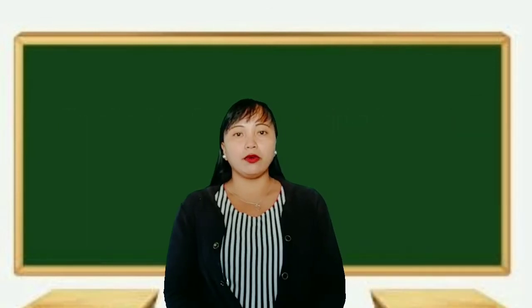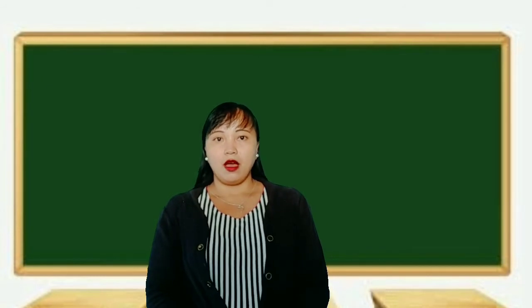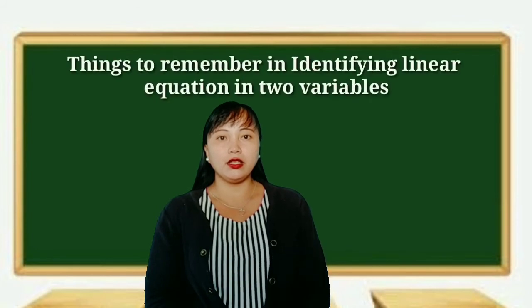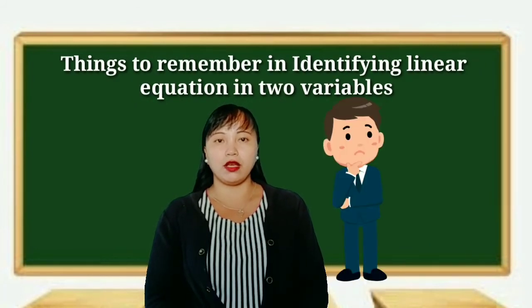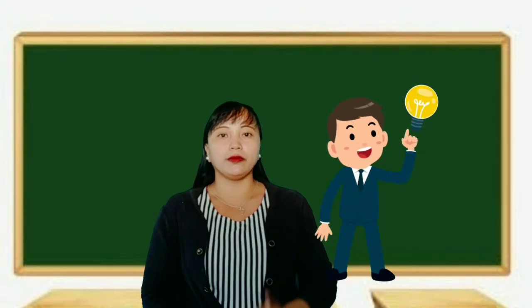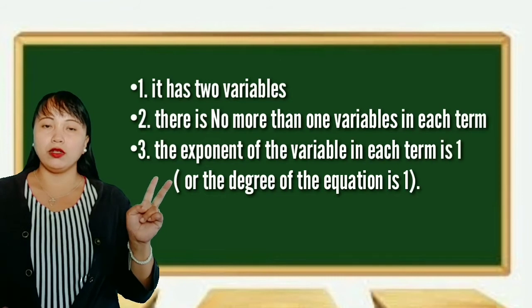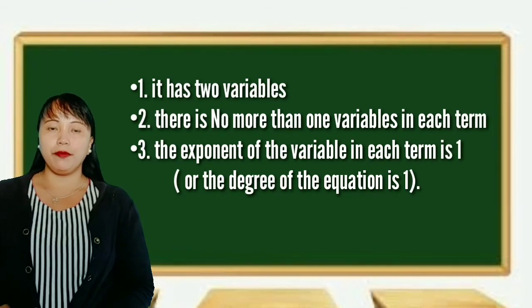Alright, are you ready for our next activity? Before we proceed, I want you to know that there are things to remember in identifying linear equation in two variables. Take note that it has two variables. There is no more than one variable in each term.